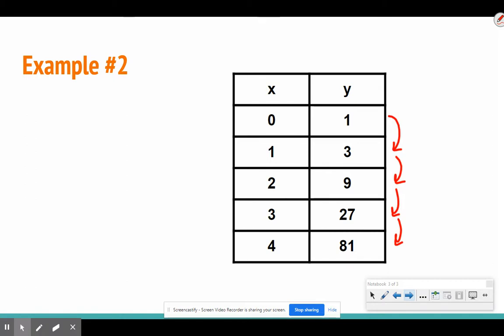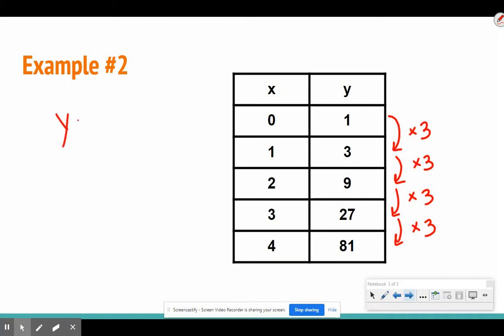I'm not adding by the same number, I'm not subtracting by the same number, so this has to be exponential, hopefully. So 1 to 3, that would be multiplying by 3. 3 to 9, also multiplying by 3. And it looks like it works for the rest of the table. You may need your calculator to make sure that it's the same all the way down.